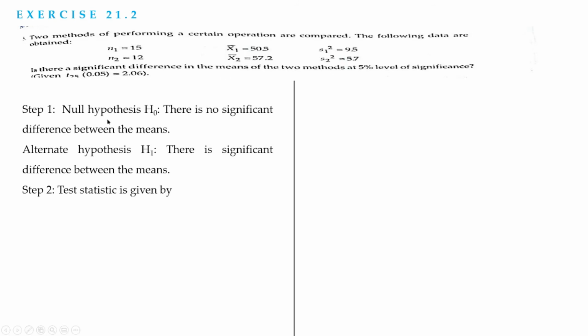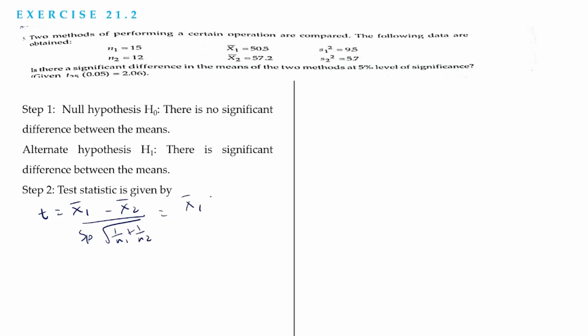So first step is the null hypothesis and the alternate hypothesis. Null hypothesis H naught is there is no significant difference between the means, and alternate hypothesis H1 is there is significant difference between the means. Now the test statistic is given by t equal to x1 bar minus x2 bar upon Sp into root of 1 by n1 plus 1 by n2.